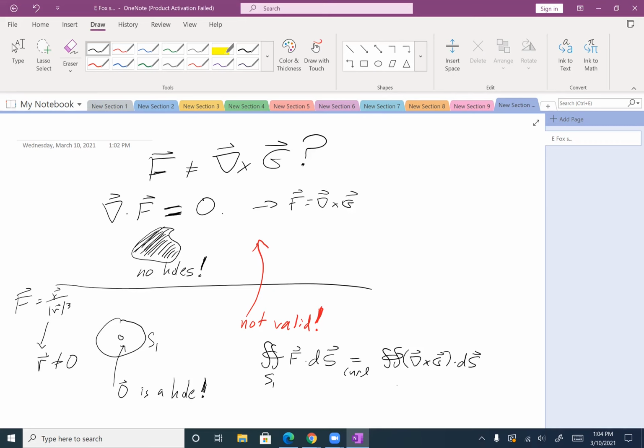And let me emphasize that this is closed. And so by Stokes' theorem, it's actually equal to the integral over the boundary. But notice that the boundary of the sphere is 0. There is no boundary.